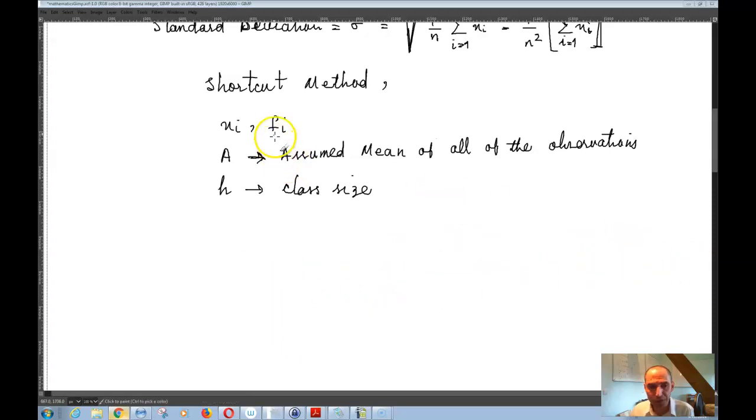And so we defined y of I as x of I minus A, subtracting the assumed mean of the data from x of I and dividing that by h to make the numbers smaller. This was our y of I. And then we also said that y bar was equal to A plus h times x.